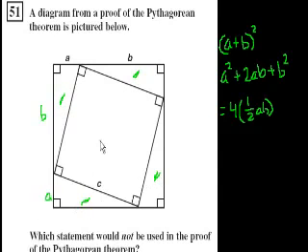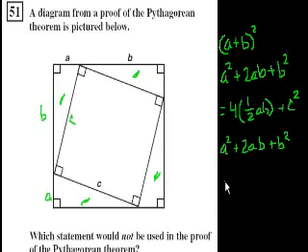And then we want to add the area of this inside square, and that's just going to be C squared. This side is C, that side is C. So plus C squared. And let's see if we can simplify this. You get A squared plus 2AB plus B squared is equal to 4 times 1/2, which is 2AB, plus C squared.